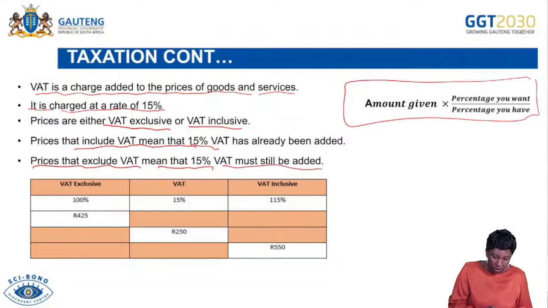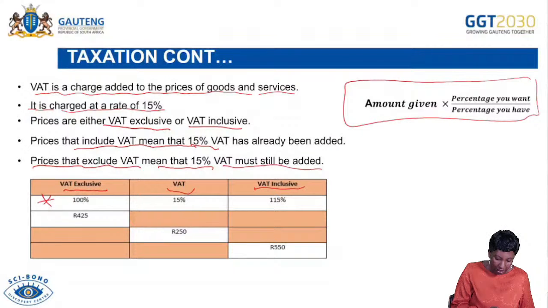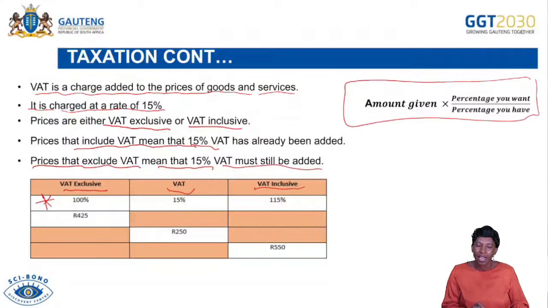Remember, here we have the VAT exclusive, and then the VAT, which is 15%, and then it will give us the VAT inclusive. So the first column, if it's 100% like it's indicated there, means it is without the VAT, it is VAT exclusive. Then we go on, and we say how much is our VAT? It is 15%.